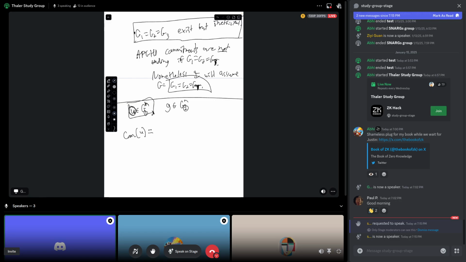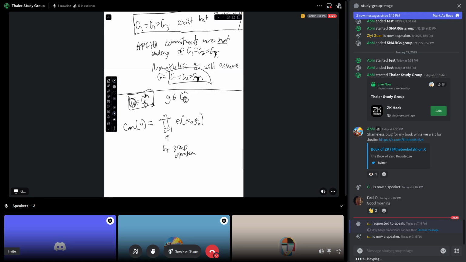So here's the AFGHO commitment. We have a product over all entries of U. This is the target group product of the pairing evaluated at U_i, G_i. So this is an analog for Pedersen vector commitments of G_i to the U_i.